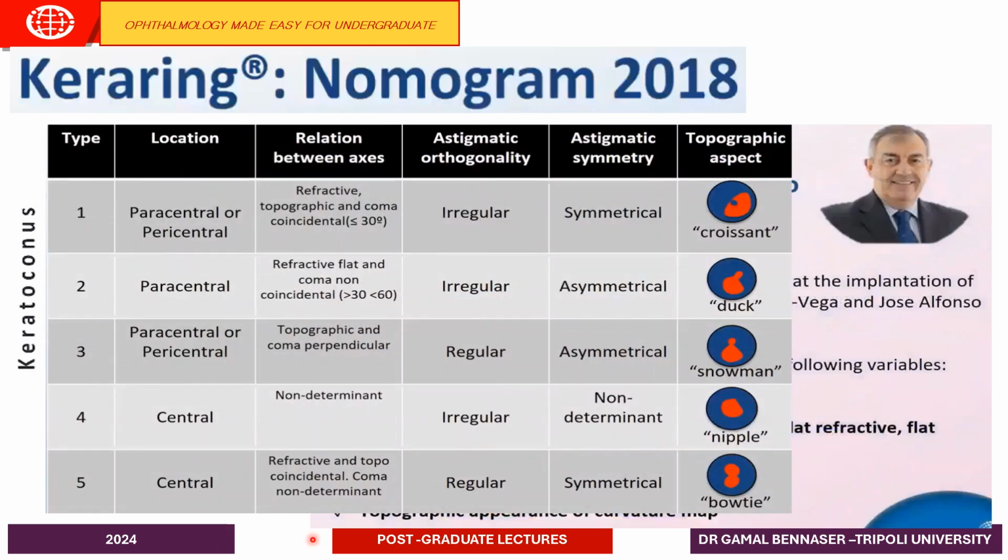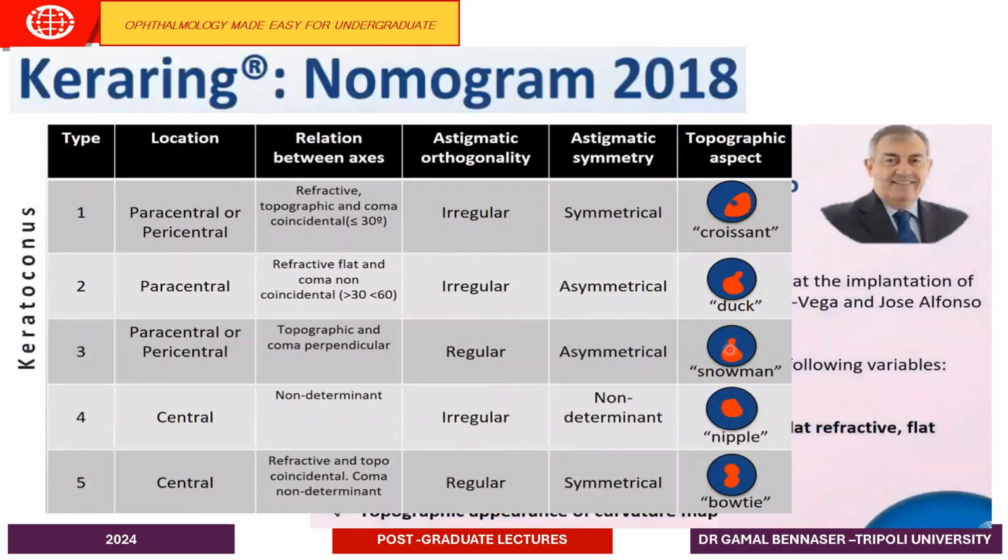This Alfonso classification divides the shape of the cone relative to a reference topographic or coma axis, so that we have different varieties of keratoconus: the shape of the cone can be croissant, duck, snowman, nipple cone, and bow tie, and each one of them has its own nomogram, so that we can decide whether to use symmetrical rings or asymmetrical rings according to the nomograms.